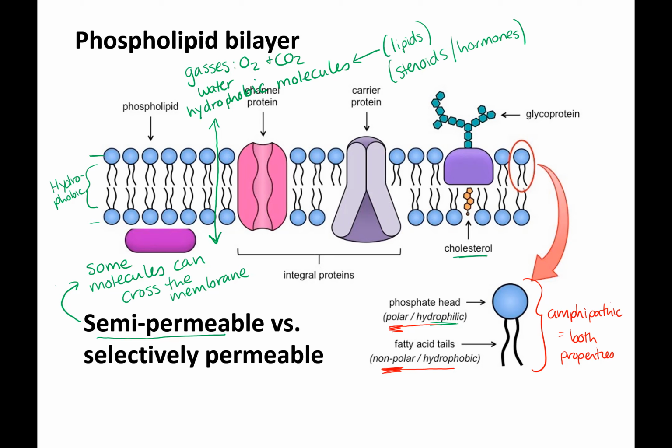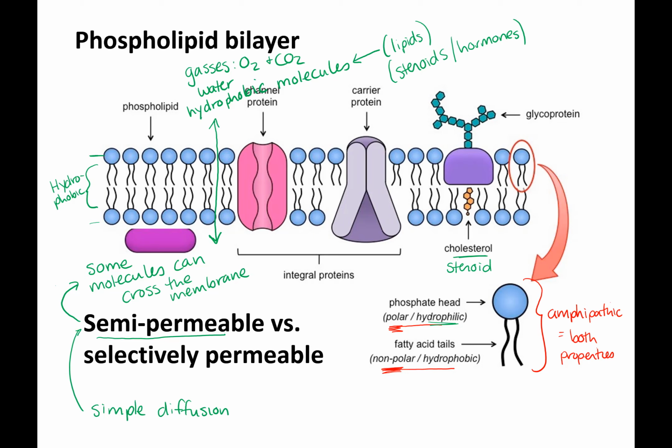Remember that cholesterol shown here is also a steroid, but it actually hangs out in the membrane. Okay. So, semi means some things can cross. Anything that's crossing through the semi-permeable, this is called simple diffusion. And we'll talk about these terms again, but I want you to know semi-permeable and simple diffusion go together.